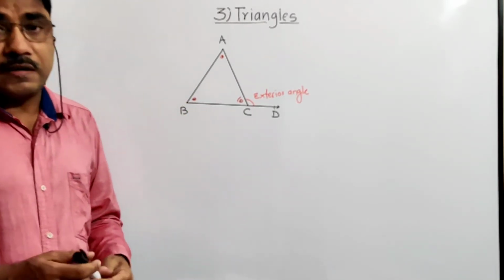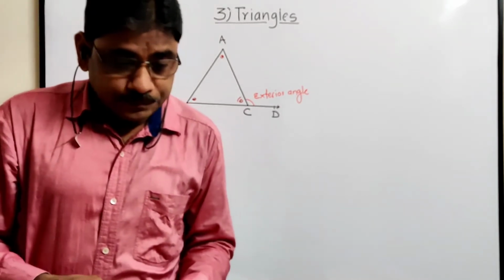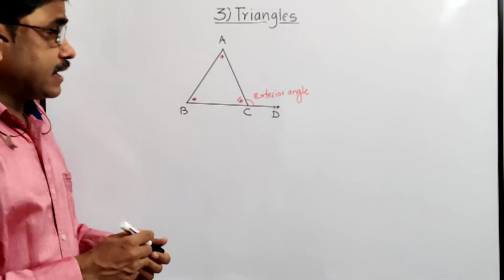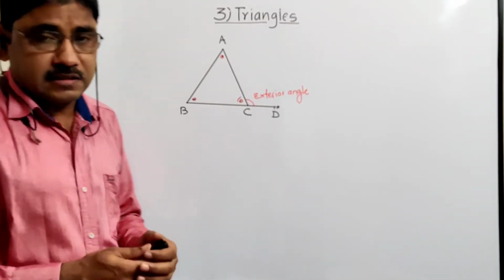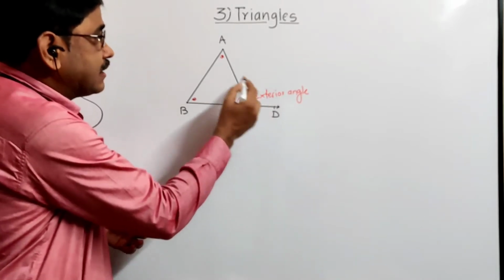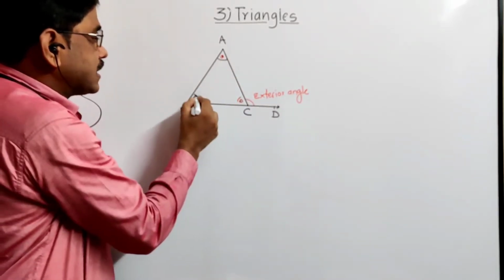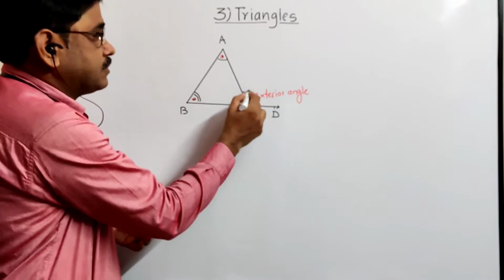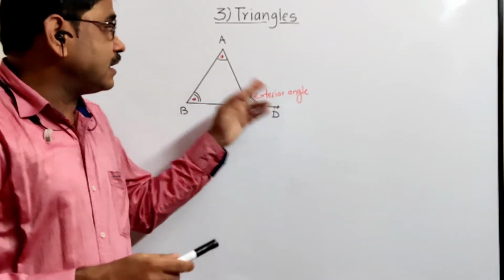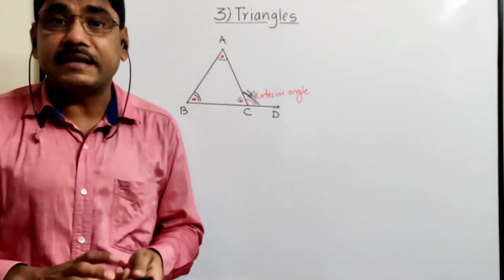Now in this chapter, we are going to study this theorem of remote interior angles. The theorem of remote interior angles is nothing but the relation between the measure of exterior angle and the measure of remote interior angles.